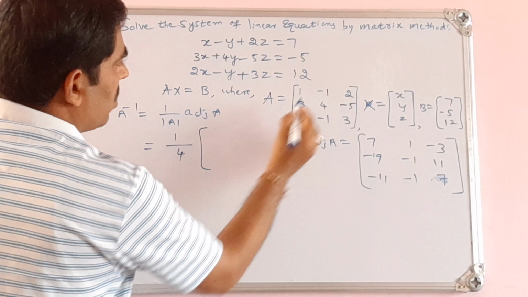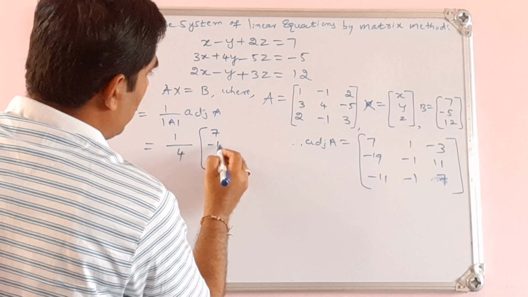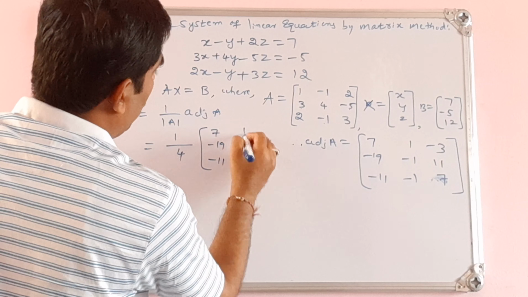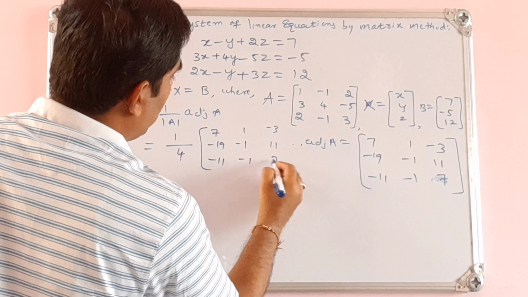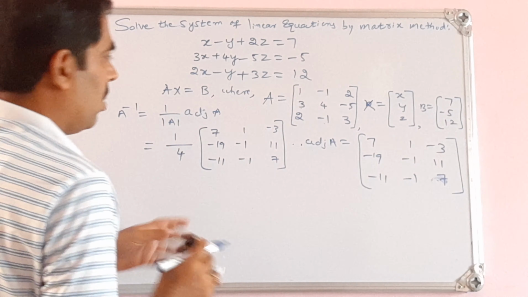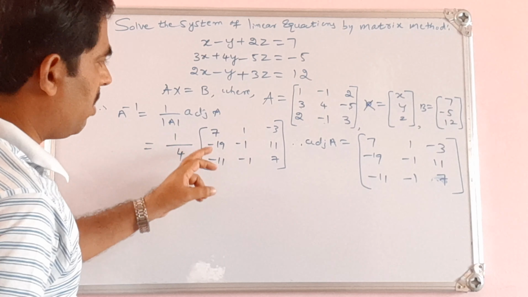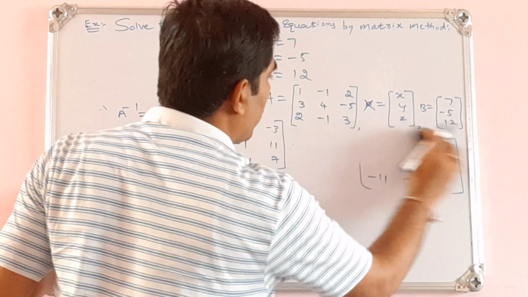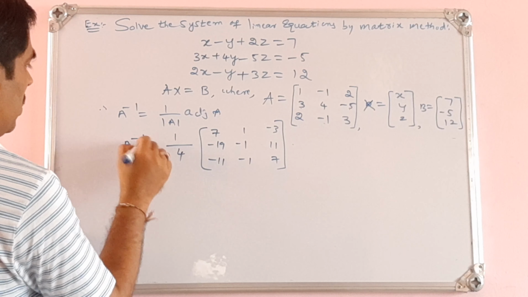Whatever the adjoint is, I got this right here: 7, minus 19, minus 11; 1, minus 1, minus 1; minus 3, 11, 7. So this is the adjoint, and this is A inverse.